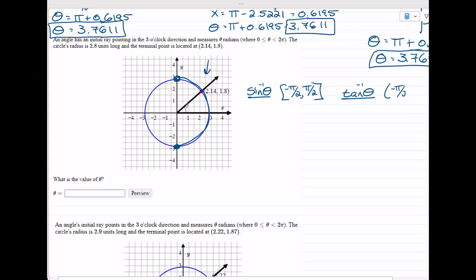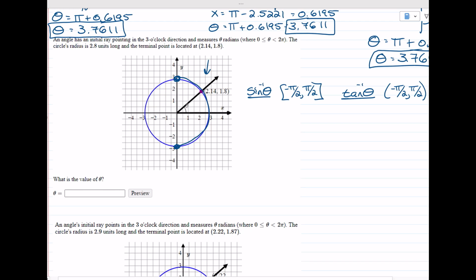The only reason why for tangent we don't include those values is because those are asymptotes. That's where the function was undefined. So even though we could use cosine here, I think sine and tangent are the easiest because it's going to give us an angle between negative pi over 2 and pi over 2 anyway.